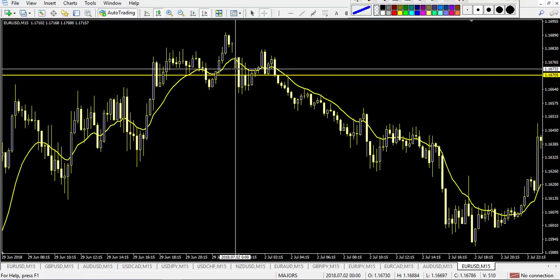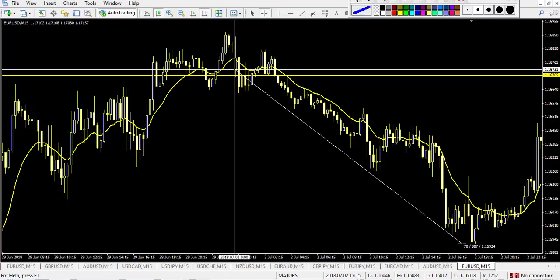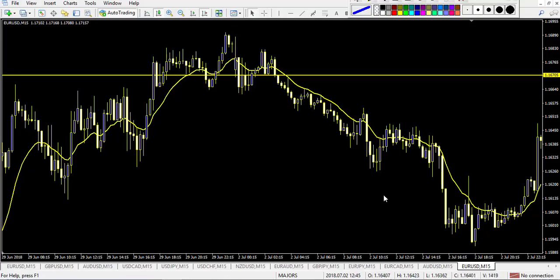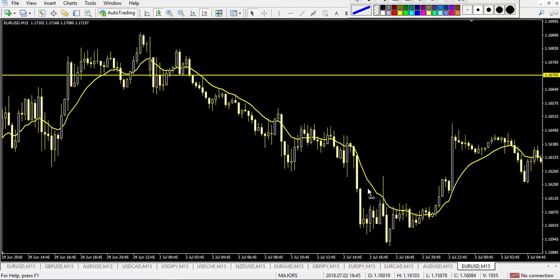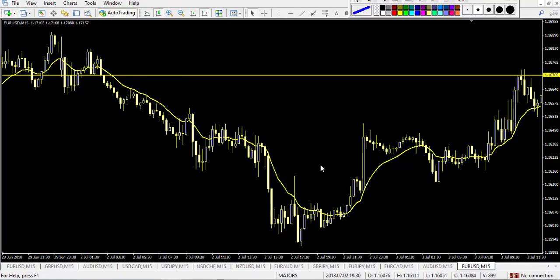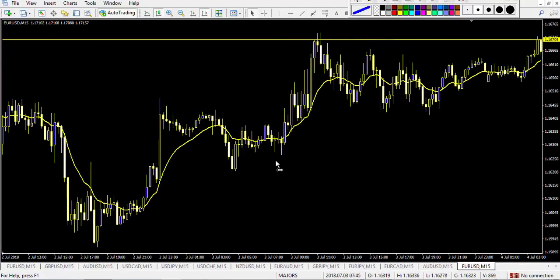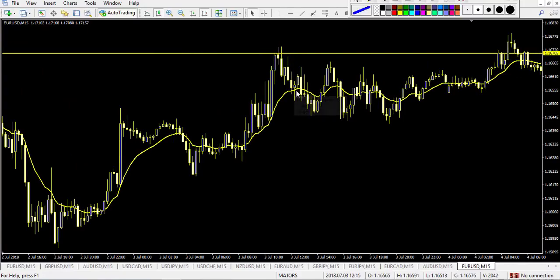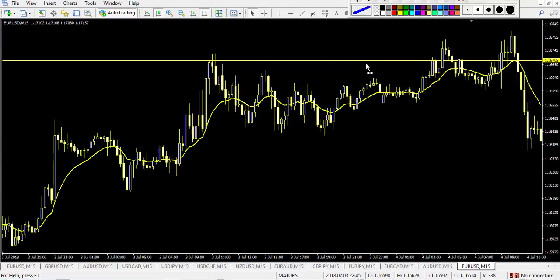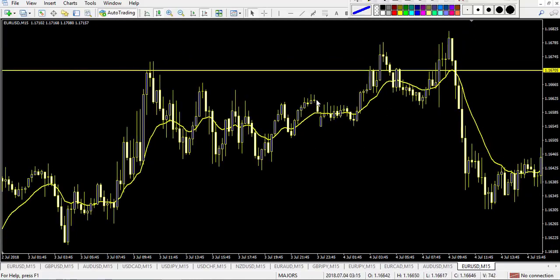You enter here, you have like 20 pips, and it made 80 pips, 4 times what you risked. This one is a huge winner. So this one doesn't come back quite near it, so I don't take it. And it creates a range, so I wait for it to break the range up.